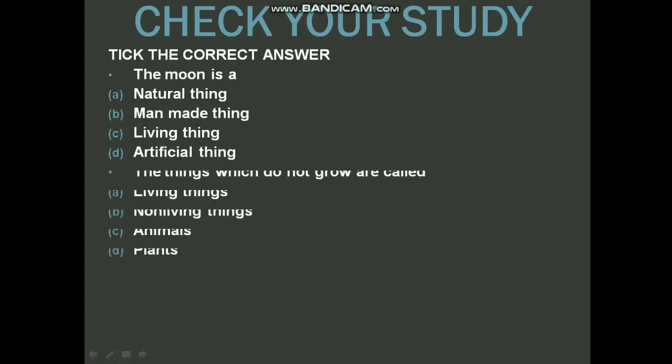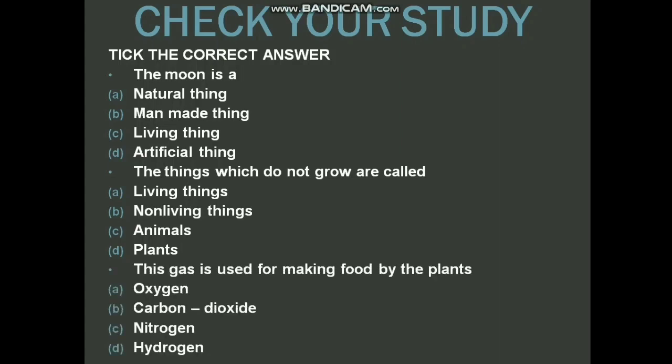Now our second question is, the things which do not grow are called living things, non-living things, animals, or plants. Yes, the answer is non-living things. Non-living things do not grow and living things grow, and animals and plants are the examples of living things.